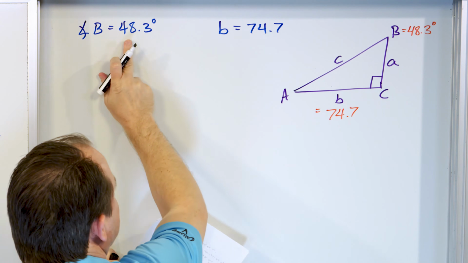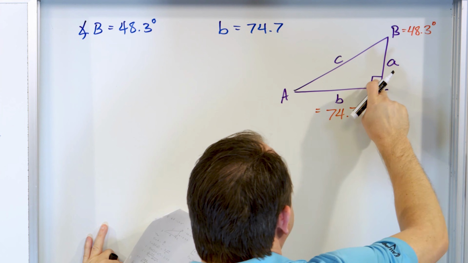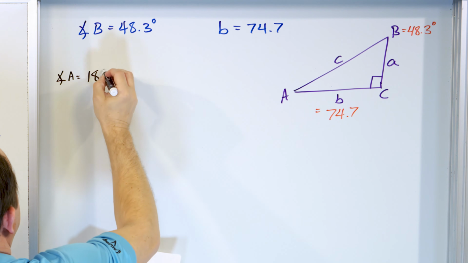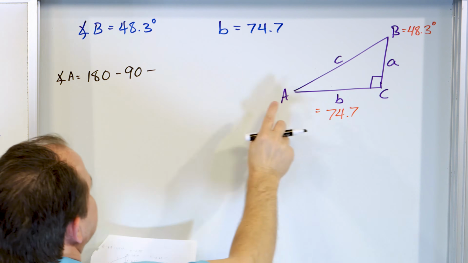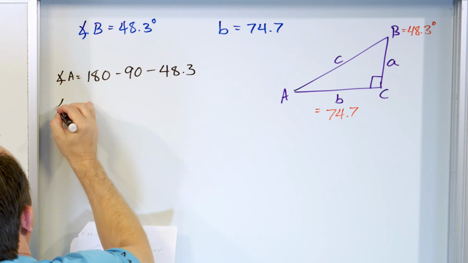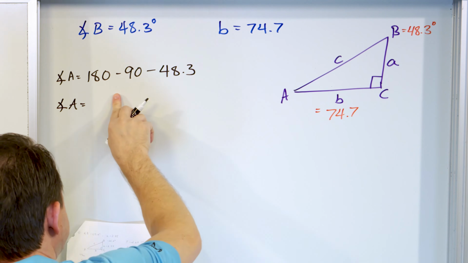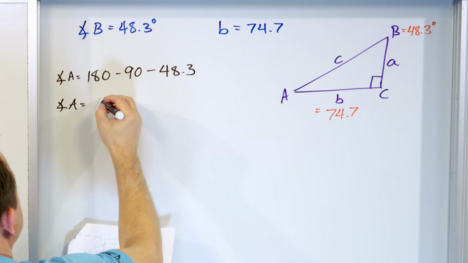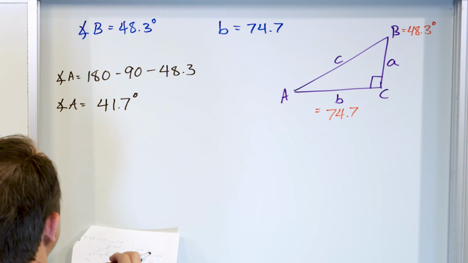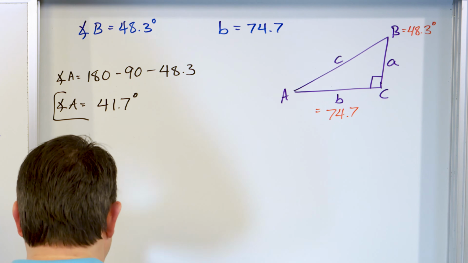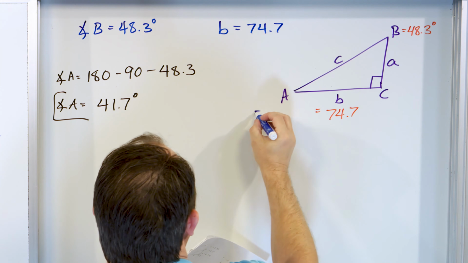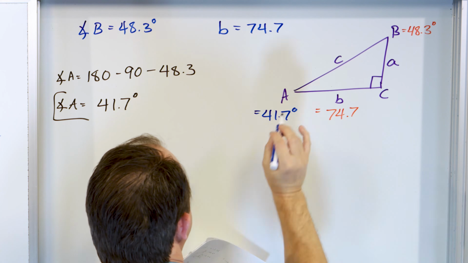I have angle B right here, and I also have angle C. So I can immediately solve for angle A. So angle A is going to equal 180 minus the 90 degree angle minus the other angle, 48.3. When you take 180 minus 90 minus 48.3, you get 41.7, but this is an angle, so it's degrees. 41.7 degrees, and that's the final answer for angle A. So let's write that down. Over here, we can just say 41.7, in degrees.